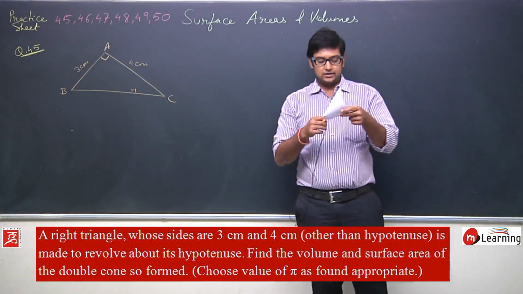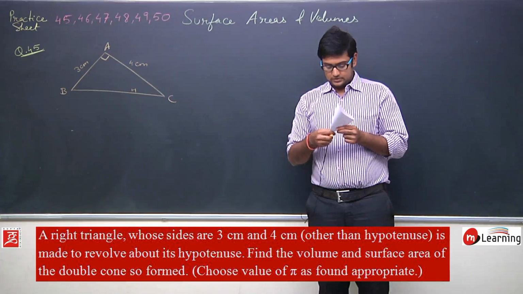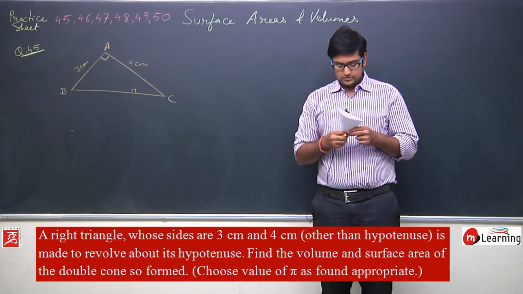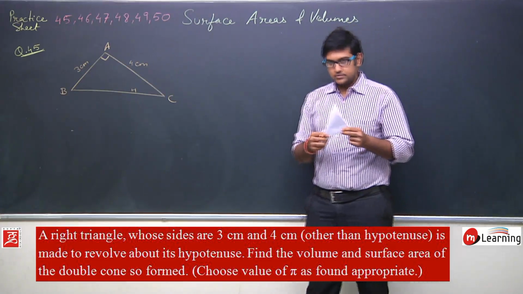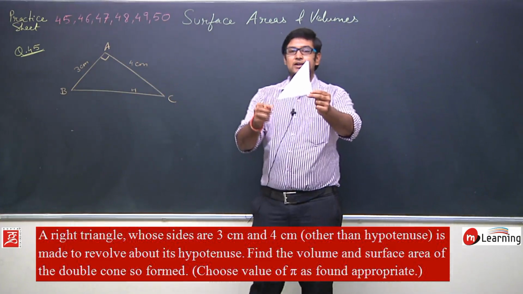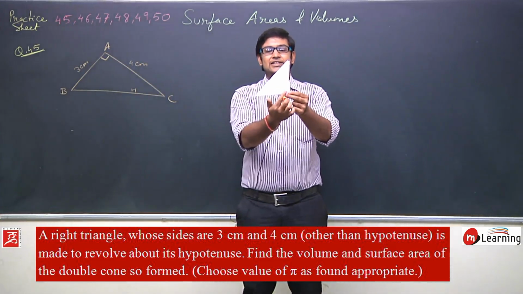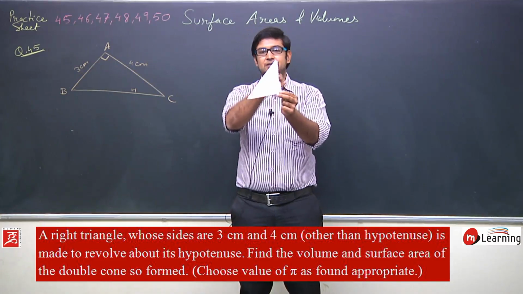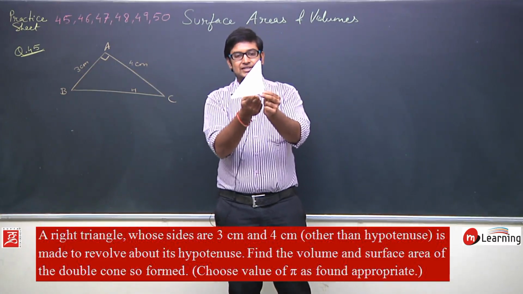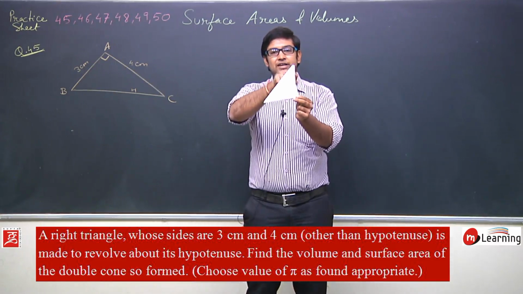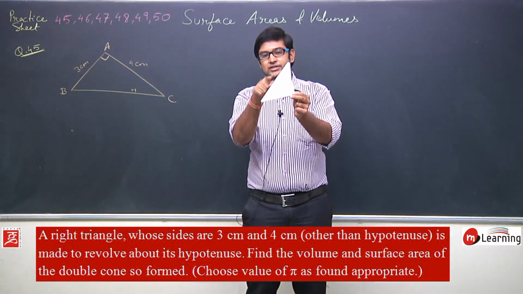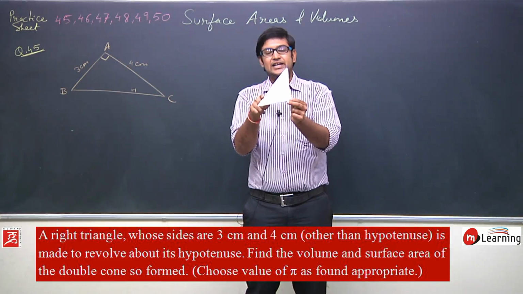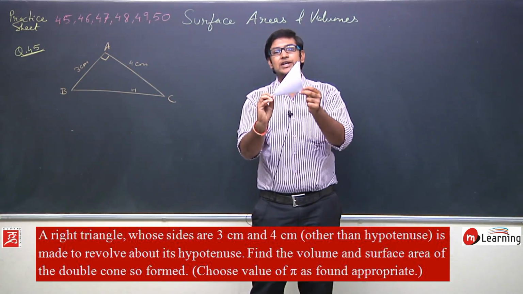Now in this right triangle, this angle is 90 degrees, this is the hypotenuse, this is the base, and this is the perpendicular. Let us say this is 3 centimeters, this is 4 centimeters, and this is the hypotenuse. So this right triangle is made to revolve about its hypotenuse.